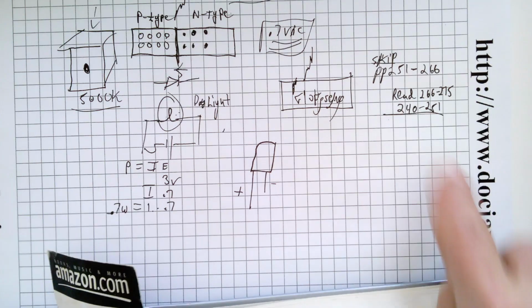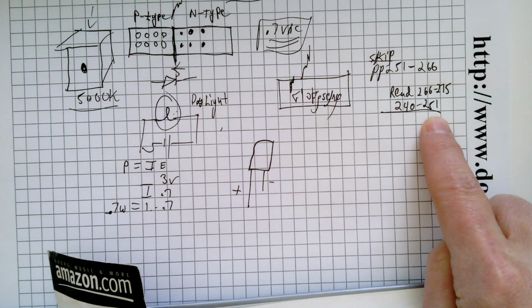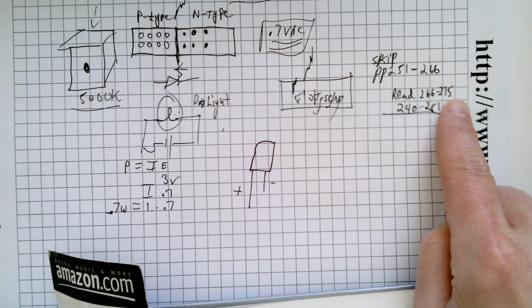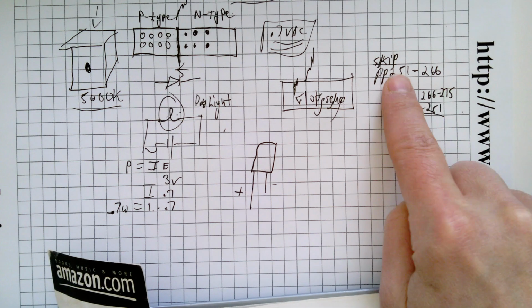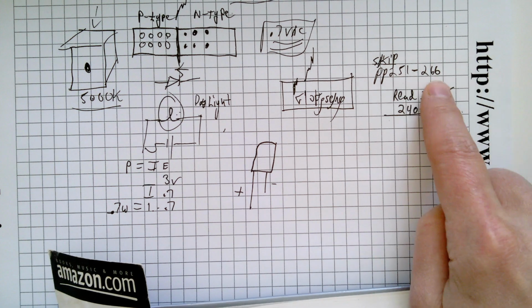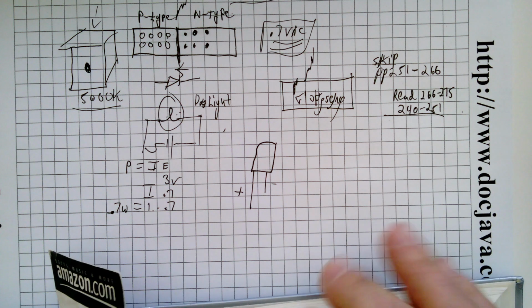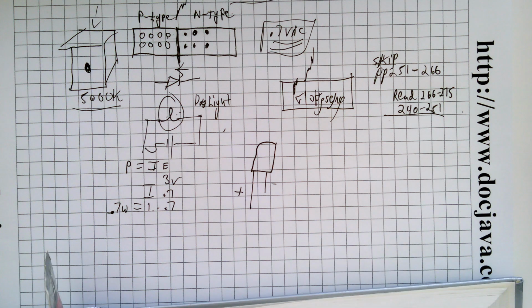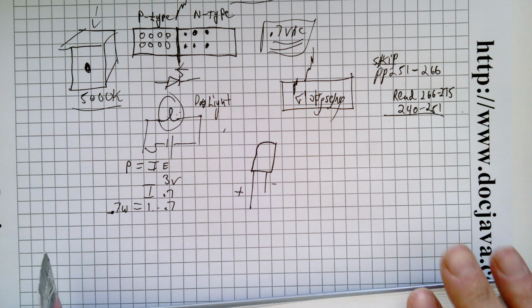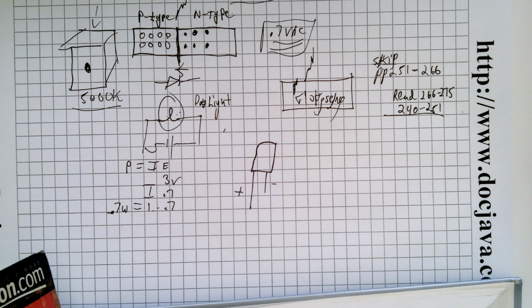So read 240 to 251, read 266 to 275, skip 251 to 266. That's the carry look ahead adder subject. We're not going to cover that in any detail. It's interesting. I mean, there's nothing wrong with it. It's just not particularly educational right now.